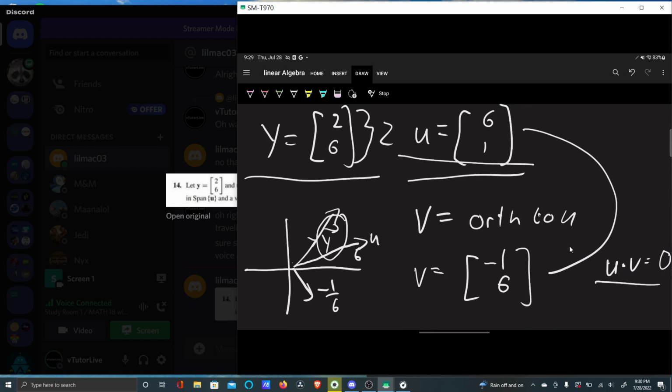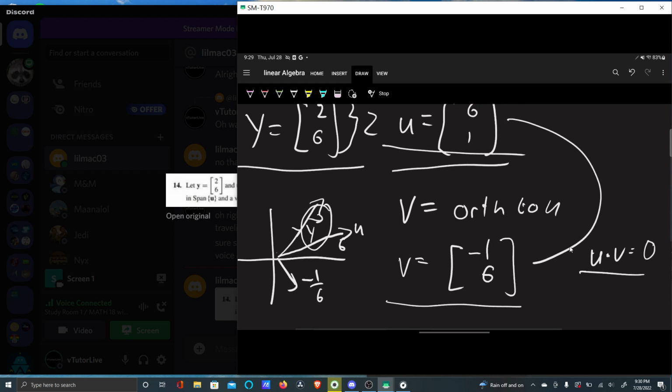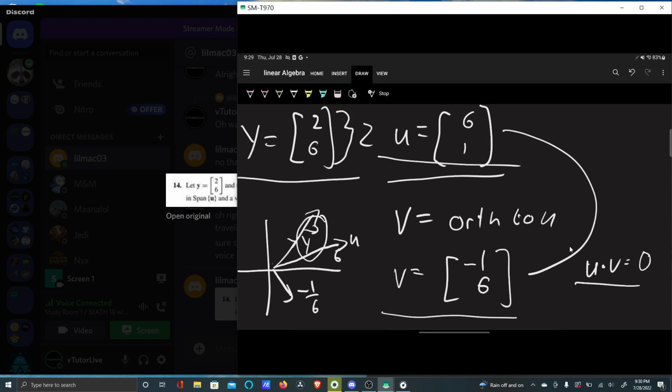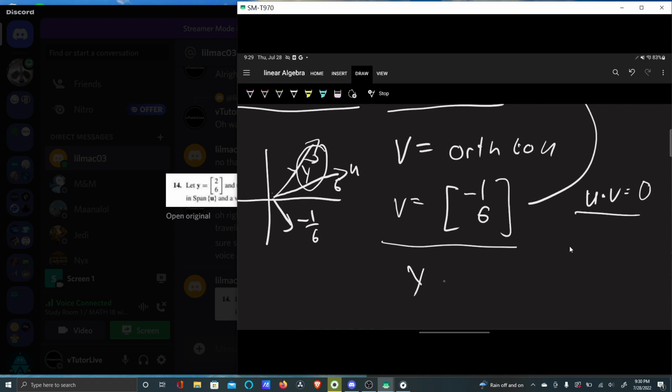Now that we have u and v, and by the way, v is not unique, it's only unique up to a scalar multiple. So this could have been (-2, 12), for example. But I digress. Now that you have u and v, you want to express y as a linear combination c1u plus c2v.